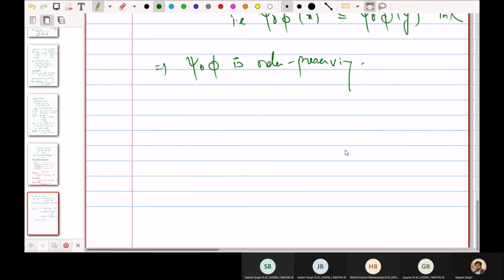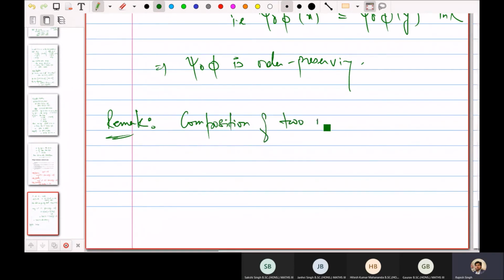ठीक है. So remark, composition of two order preserving maps is an order preserving map. ठीक है.